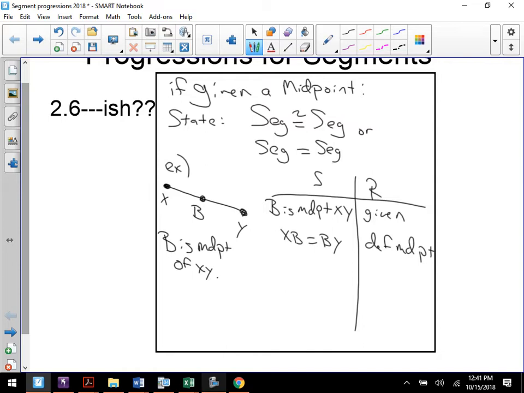As we get into today's stuff, you'll see why sometimes you'll write congruent and sometimes you'll write equals. It depends on the problem. When we did all of our adding, subtracting, multiplying, dividing with the equation stuff, that was always with equal. So today, a lot of the stuff we do with segment addition is always dealt with an equal, so we'll keep it an equal.